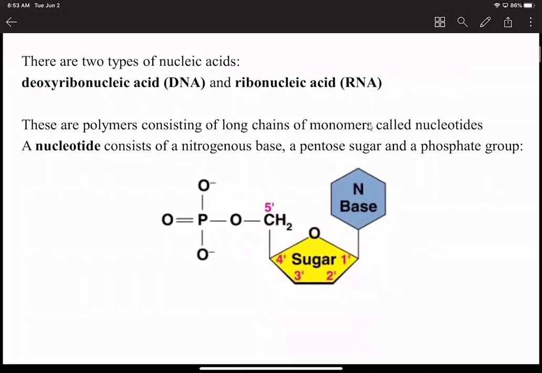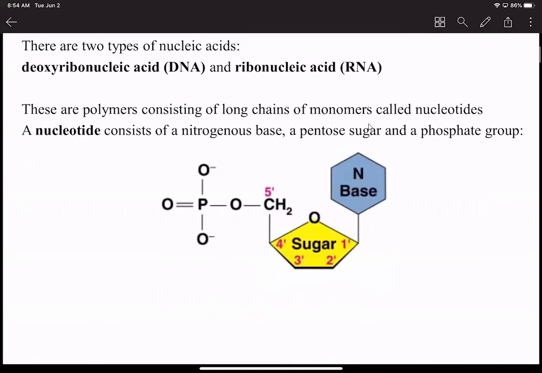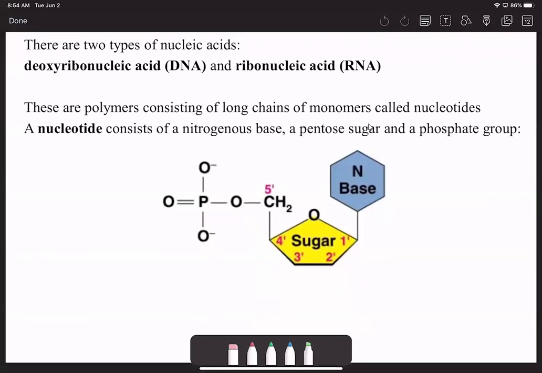Each nucleic acid has parts to it, just like we had parts of an amino acid, the carboxyl group and the amino group. Nucleic acids also have something similar. When we look at a nucleic acid, we'll break it down into three parts.